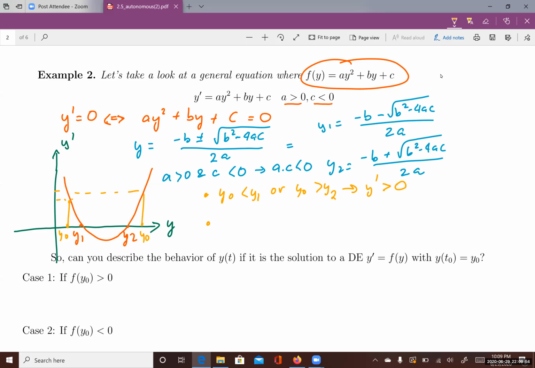If my y0 is in between y1 and y2, then the derivative y prime will be negative.